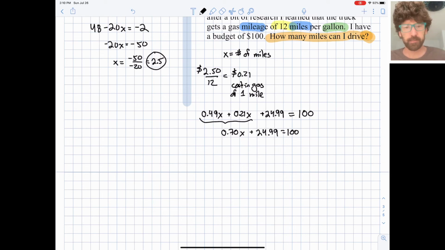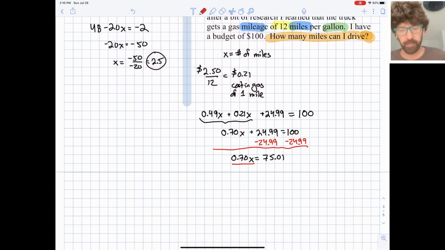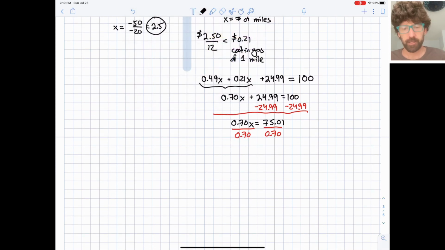I have everything written down, simplified as much as possible. And let's go ahead and solve this guy. Subtract $24.99 from both sides. And we have 0.70x is equal to, what is that, $75.01. And then as our last step, we can divide by 0.70. And that is going to cancel out that on the left.